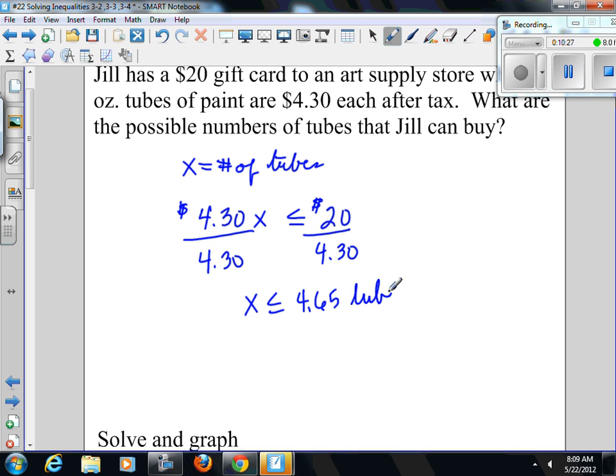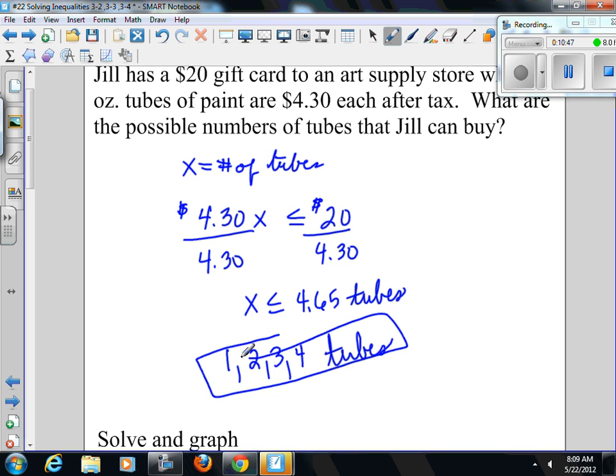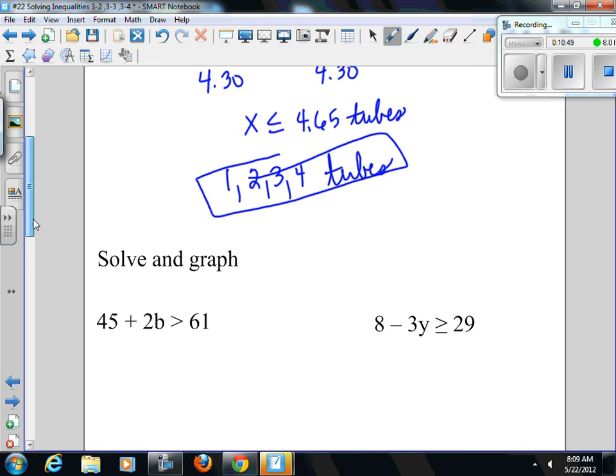Now you know you can't have 4.65 tubes. So she can buy 1 tube, 2 tubes, 3 tubes, or 4 tubes. She can't go beyond that. As long as it's less than or equal to 4.65, but we really know it has to be less than or equal to 4. She can buy 1, 2, 3, or 4 tubes.